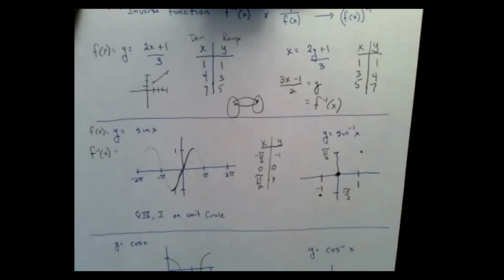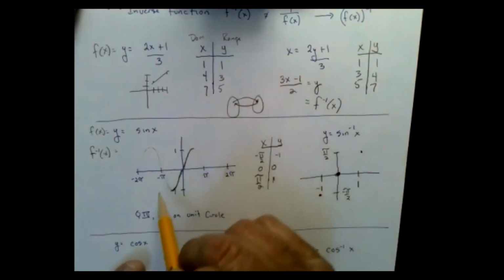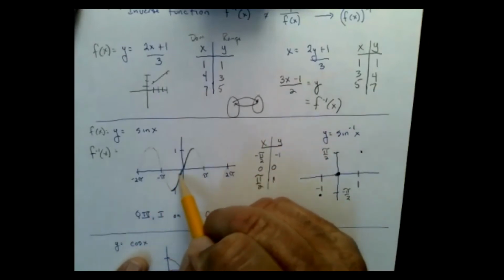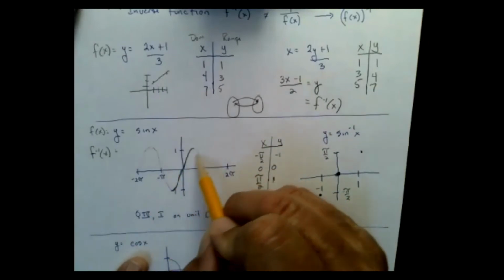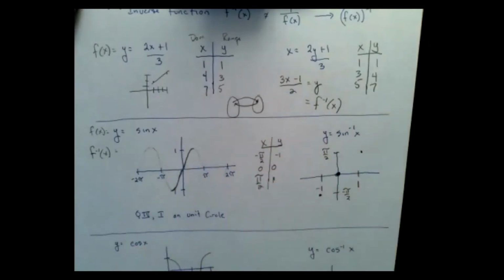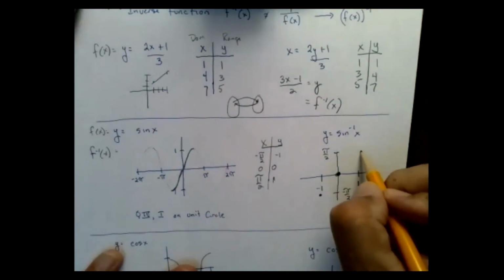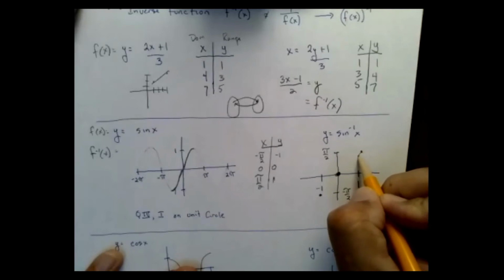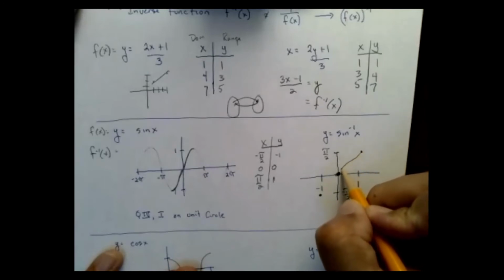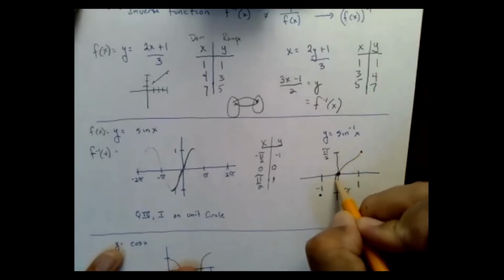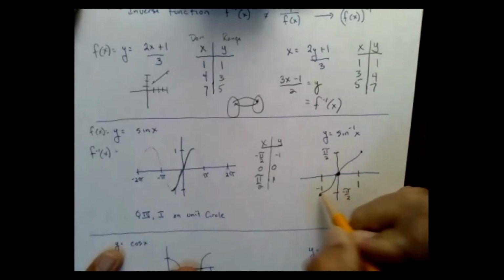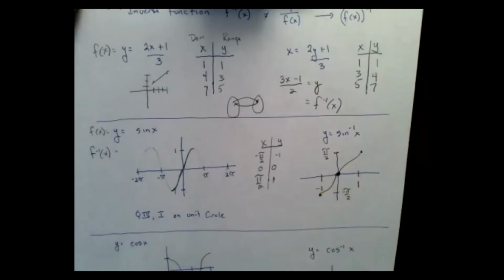Now, if I take the line y equals x and flip this over the line y equals x, I'm going to have a graph that looks like, I hope I don't screw this up, to there, and then to here. I think, yeah, that doesn't look so good.